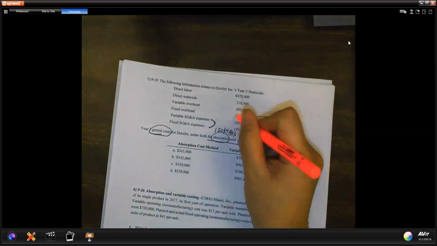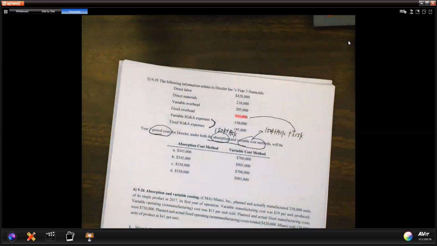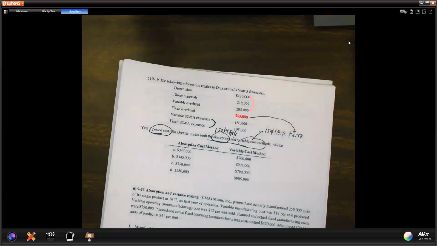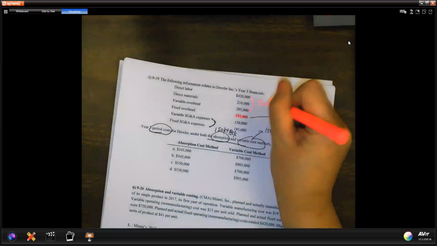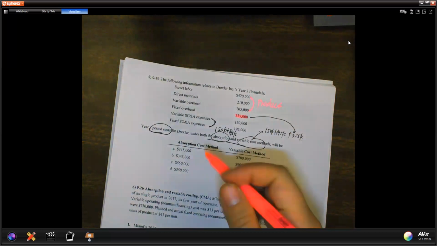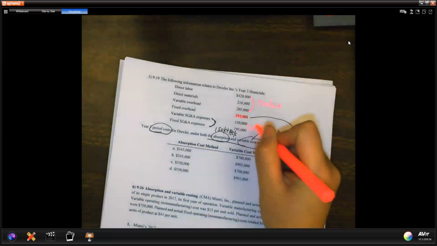So this is the troublemaker. Direct labor, direct material, and variable factory overhead are always your product cost. Sales and general administrative, no matter variable or fixed, are always your period cost.